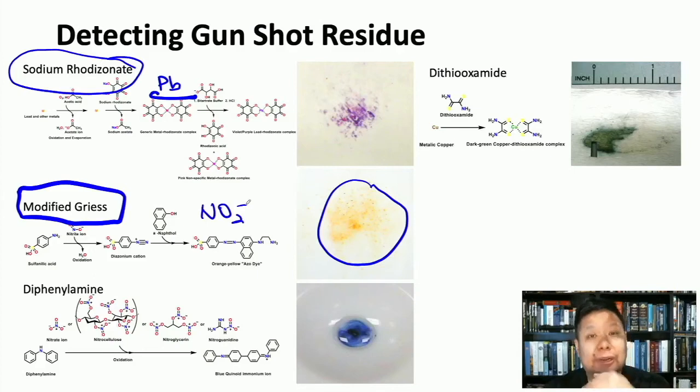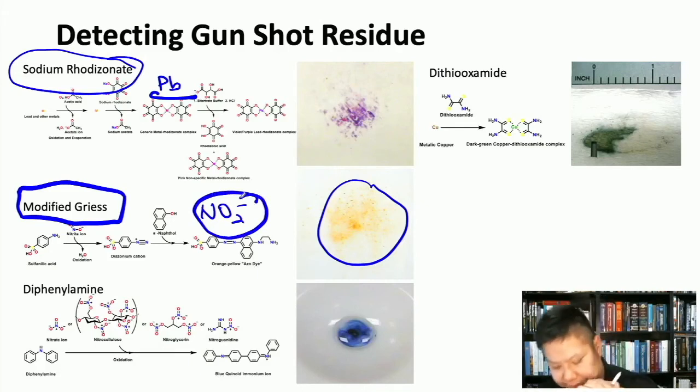And nitrite is the component that is left over after gunpowder has burned. Gunpowder is burned, and then now you have the nitrite ion, right? And in this case, during the modified Griess, you're detecting nitrite, and if you have a lot of nitrite around, that's also indicative of someone being very close to the person when the gun discharged.